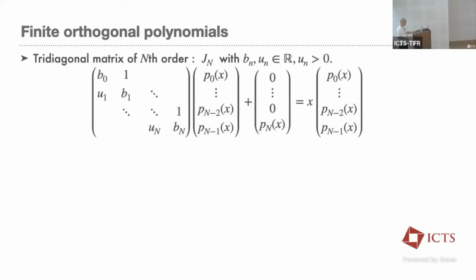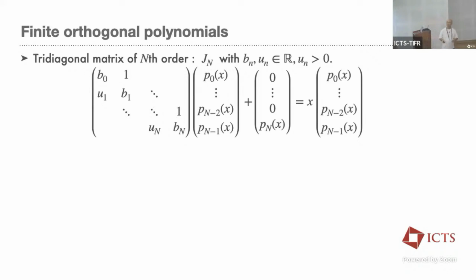And then, okay, just to summarize the finite orthogonal polynomial system. We will start from some three-diagonal matrix. But of course, we can consider the characteristic polynomial, which appears at the end of the three-term recurrence relation, put in a slightly not good shape.